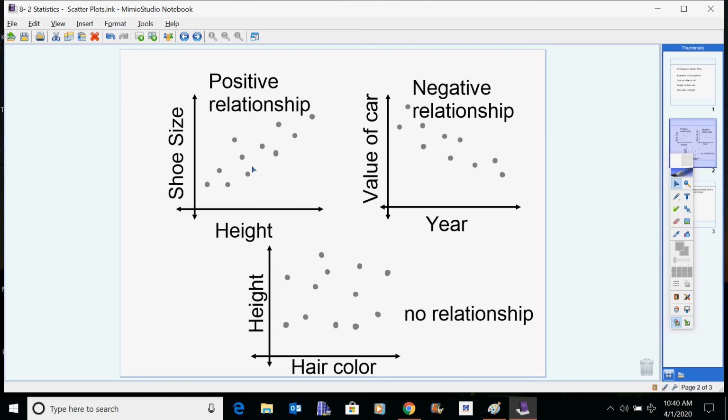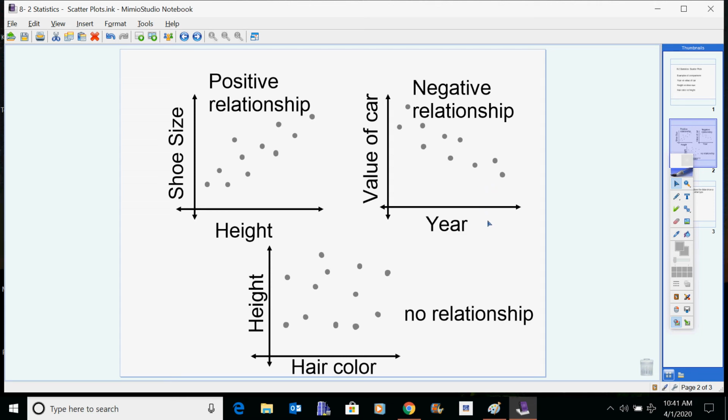Not 100% of the time. This person was a little shorter, but just happened to have feet that were larger. And this person was taller, but his shoe size was not near the shoe size for this one. So you do have little renegade points, but you have a general trend going on, and that's really the essence of what scatter plots are.